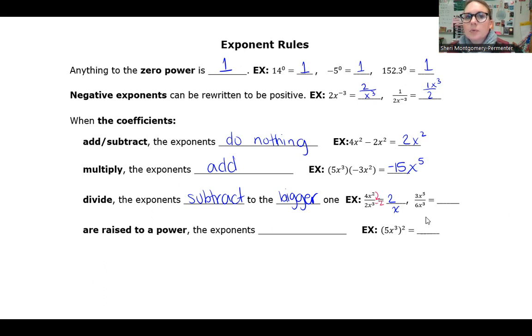For my second example, I'm still dividing. 3 divided by 6 becomes 1/3. And for the exponents, on the top I have 5 and on the bottom I have 3. So I'm going to subtract towards the bigger one.